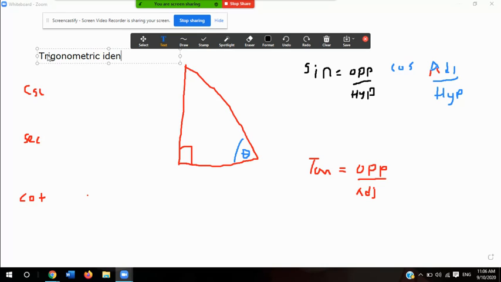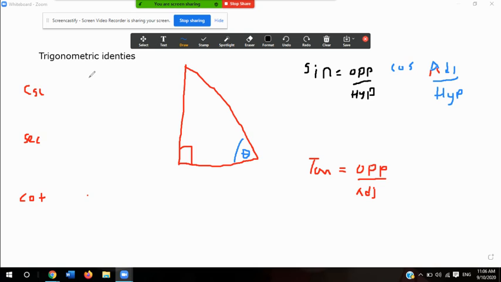There are many trigonometric identities, but specifically the trigonometric identities that we're going to talk about in this example are reciprocal trigonometric identities. Okay, so these are reciprocal. We're going to see more as we go further down.